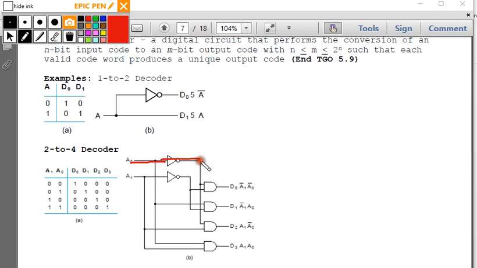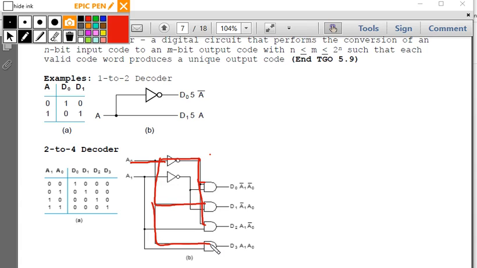If A is 0 it goes here or here, and if it's 1, it will go here or here. So it's kind of the same concept we were using earlier, except instead of using select lines in 1 bit, we're actually using the lines here to just decode.